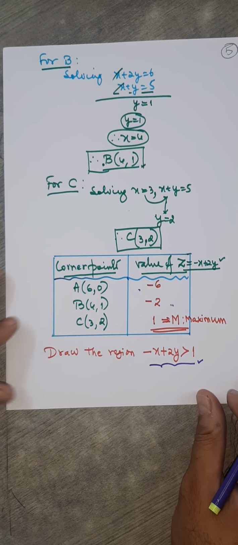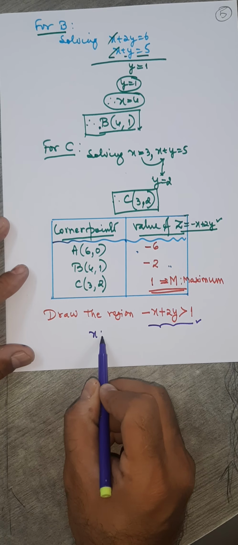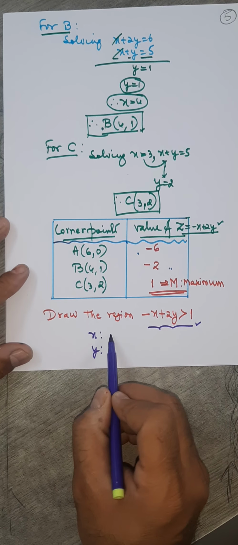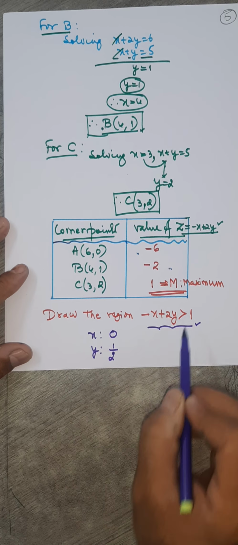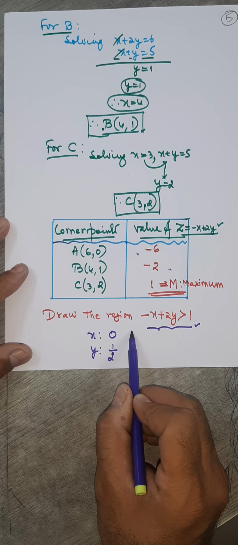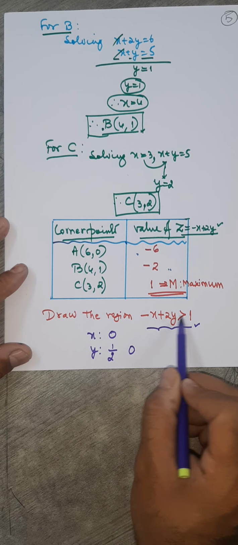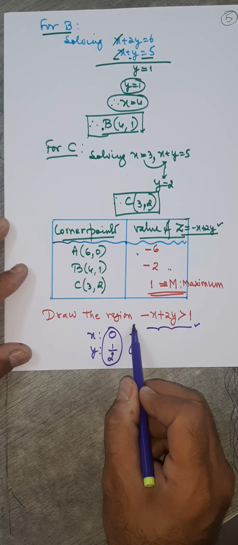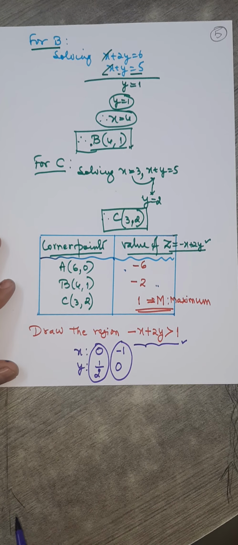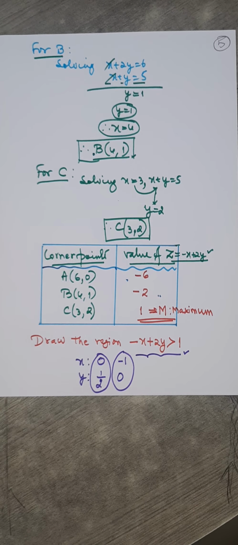I'll prepare the table here just to make it easy. If x is 0, what is y? 1 by 2. Imagine equality here. If y is 0, then x will be minus 1. So I'm drawing the points (0, 1/2) and (-1, 0), and let's see which half plane can be obtained.